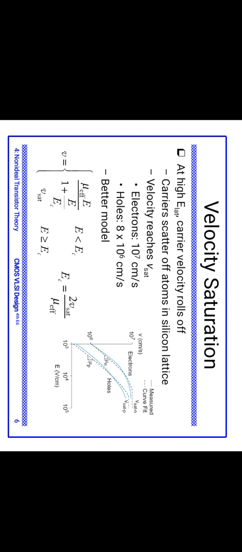The low field mobility of holes is much lower than that of electrons, so PMOS transistors experience less velocity saturation than NMOS for a given VDD. Therefore, the value of alpha is larger for PMOS than NMOS transistors.